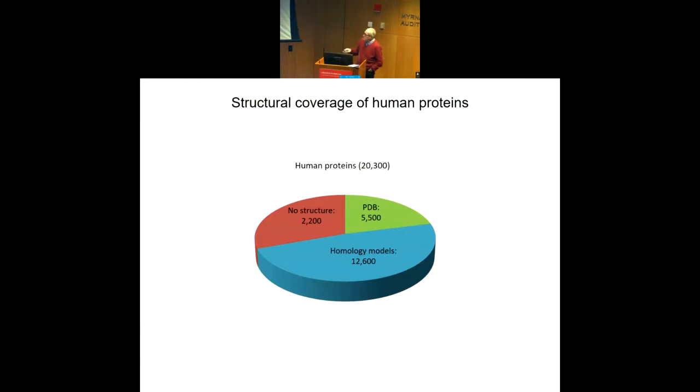But if one builds what are called homology models, where you take a sequence of a protein of unknown structure and map it on a known structure, you can build on the order of, say, 13,000 models. When you add up these 2 numbers, you get a decent structural coverage of the human genome. So we use homology modeling to build up our repertoire of structures, and that's point 1.